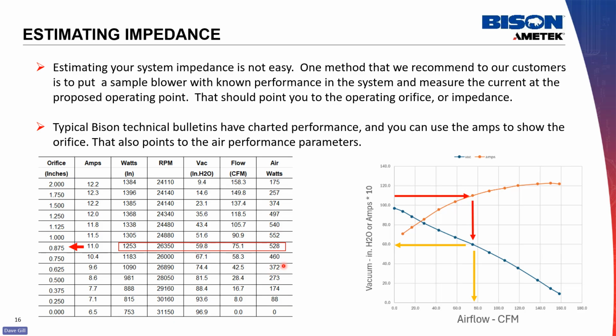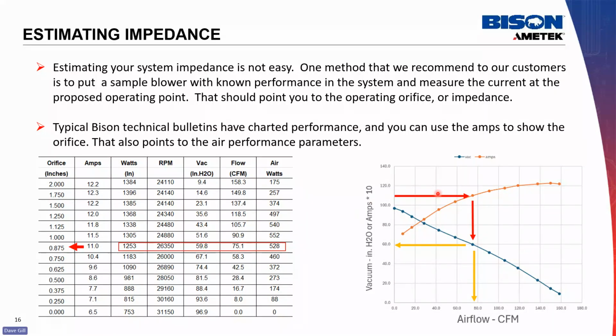In this case, you measure 11 amps. That points you here to the 0.875 diameter orifice, where you can read the performance parameters across this way: 59.6 inches, 75.1 CFM. So that's where that blower would be operating.